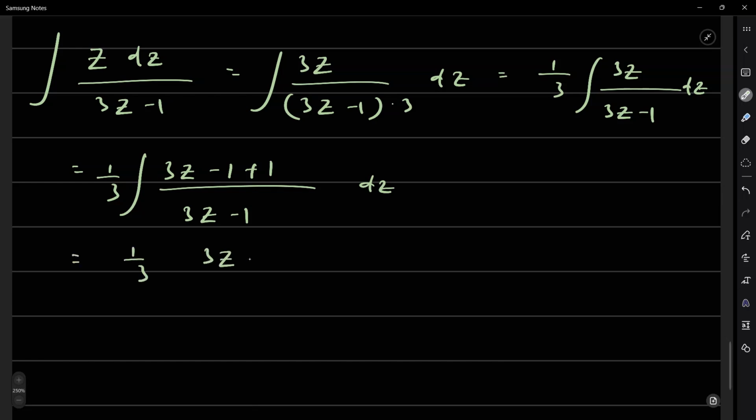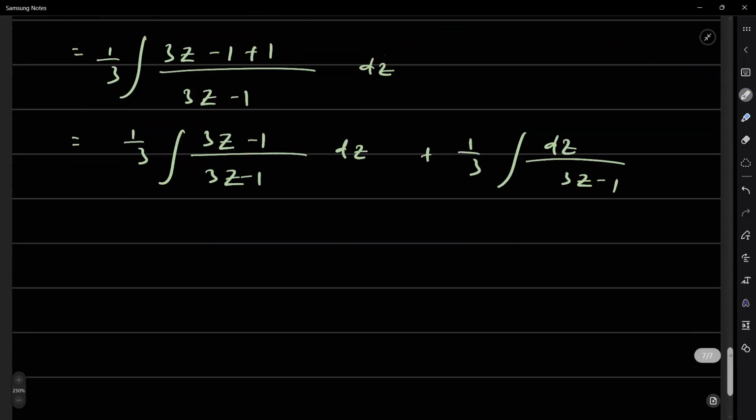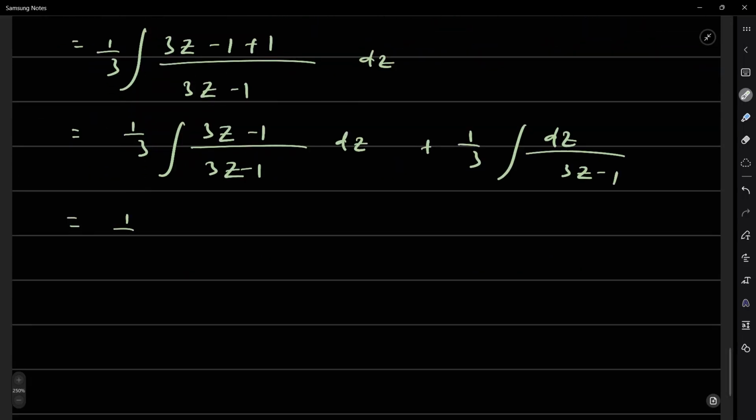So 3z minus 1 divided by 3z minus 1 dz, and okay, so we can do this and ln 3z minus 1.